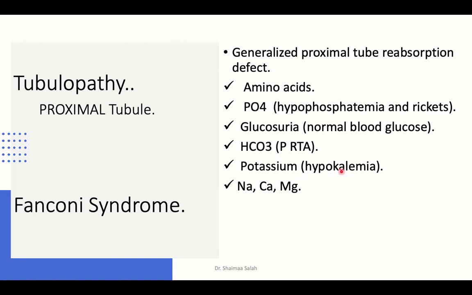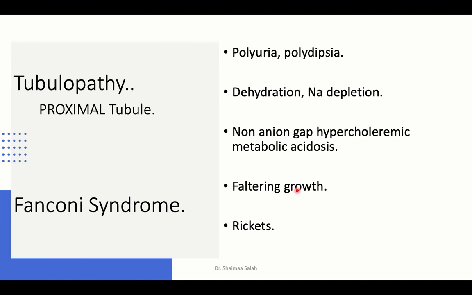We have severe hypokalemia, we lose potassium, and the kidney compensates for the sodium reabsorption by potassium loss, as we have mentioned. Sodium, calcium, magnesium concentrations can be affected in Fanconi syndrome. An infant or maybe older child, if the cause is acquired, presents to you with polyuria, polydipsia, dehydration, sodium depletion, non-anion gap hyperchloremic metabolic acidosis, faltering growth, and rickets.